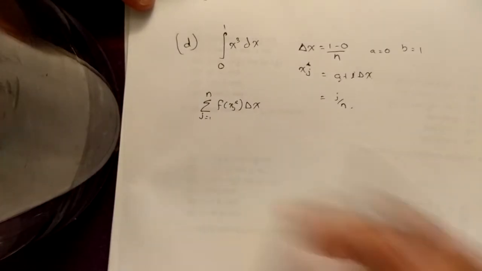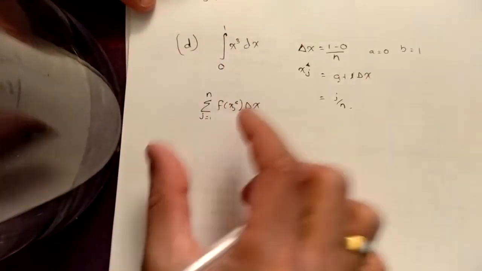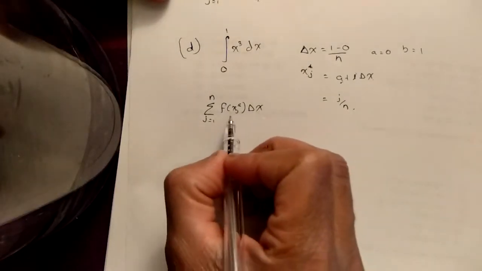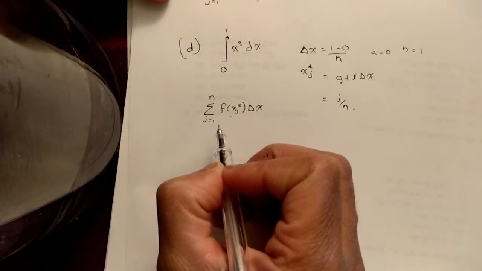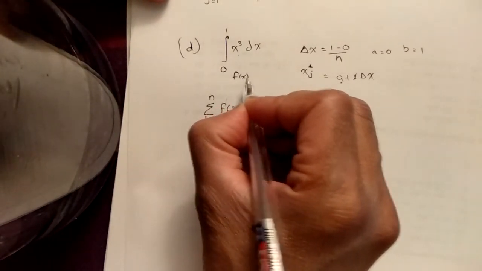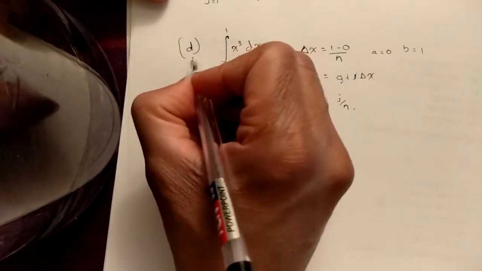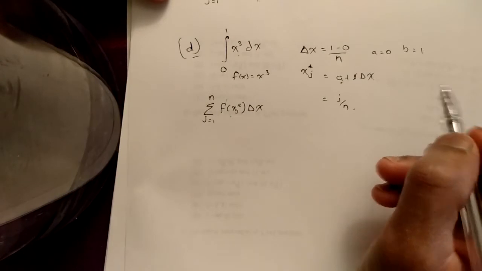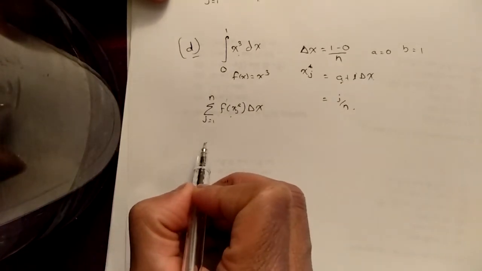This is the standard way of representing the integral with the sigma notation, I mean the summation, and then you just have to plug in the corresponding values. Here we consider f as x cubed, and for the remaining problems use the corresponding f. That's all you have to do, right?